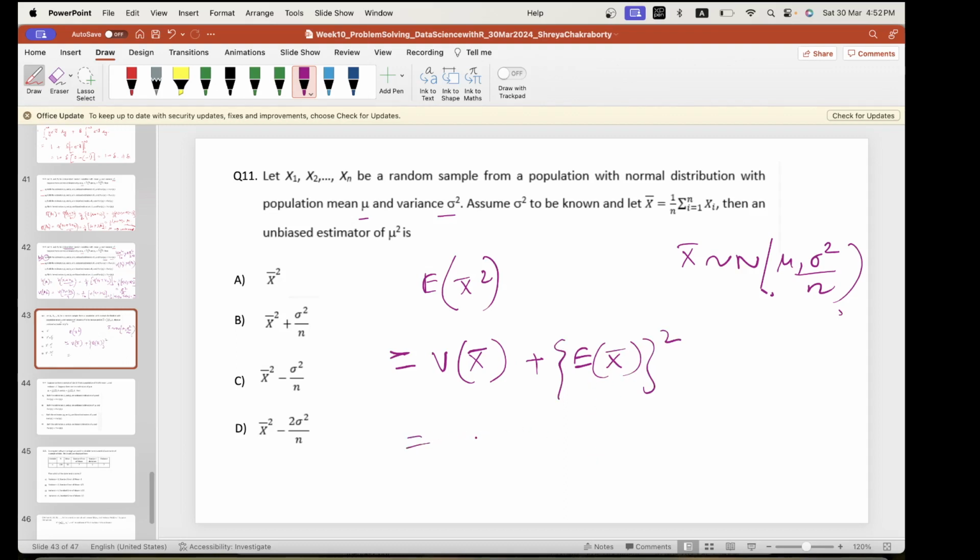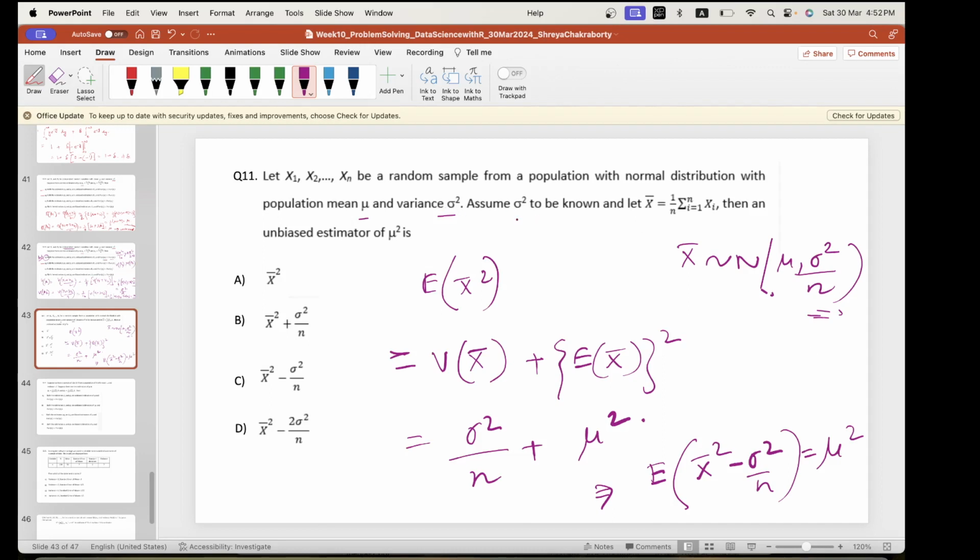Then this is actually sigma square by n plus expectation of x bar is mu, so mu square. So if we write this, expectation of x bar square minus sigma square by n equal to mu square.